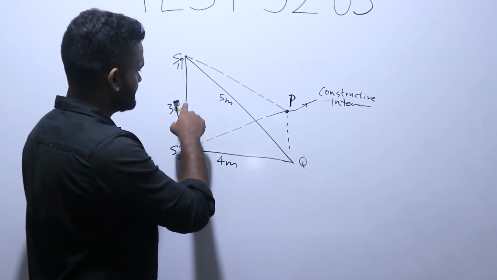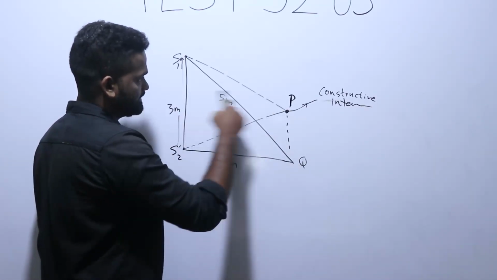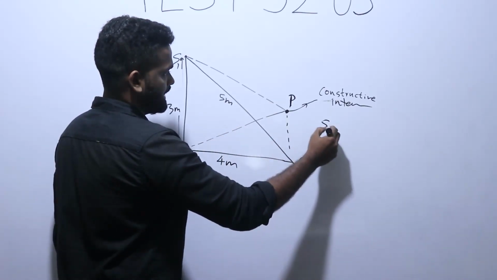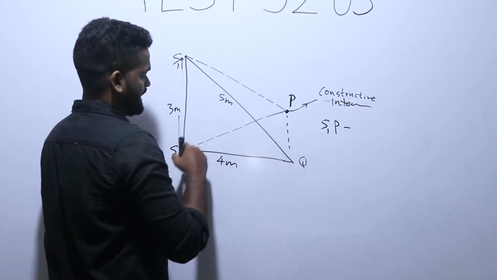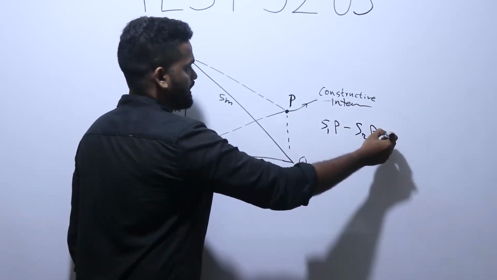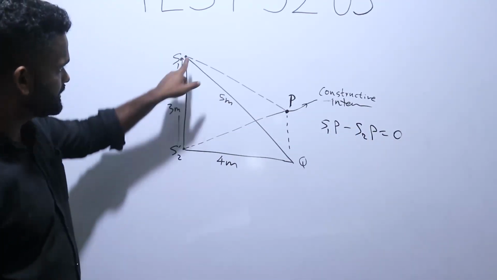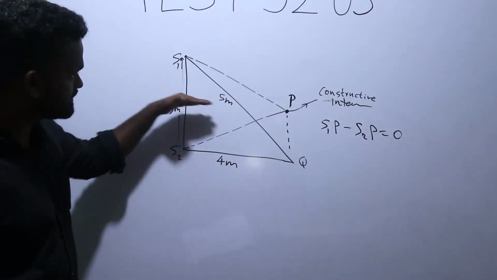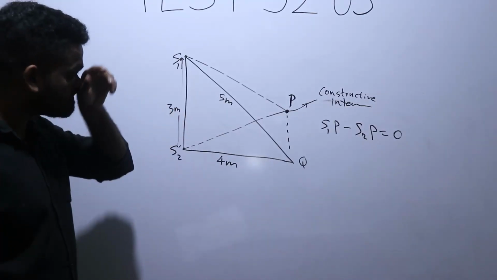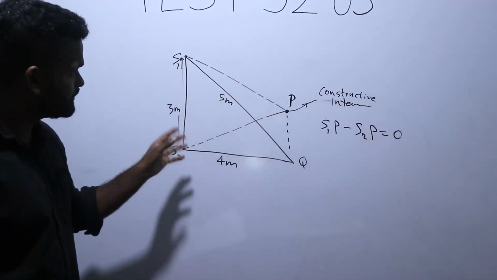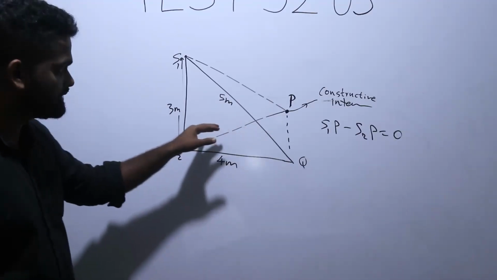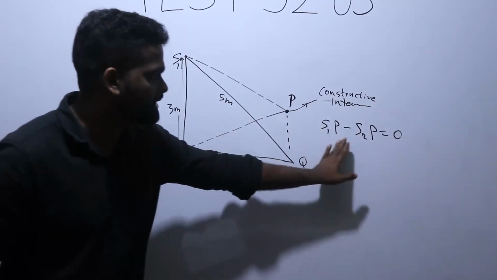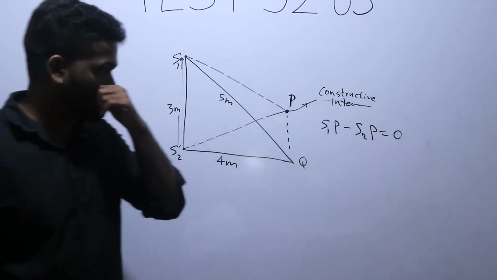This is the bisector, and P is on the bisector. So this distance is S1P minus S2P. These two lengths are the same since P is on the bisector. The difference, which we call the path difference, is actually 0 there. S1P minus S2P is 0.